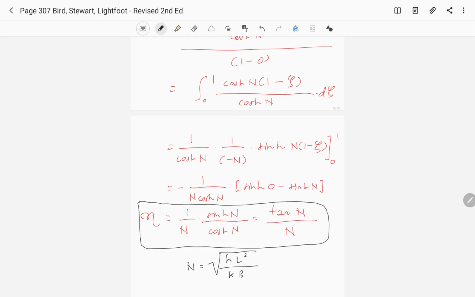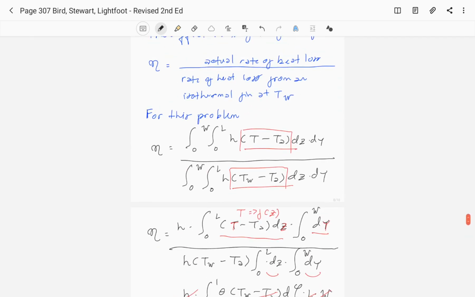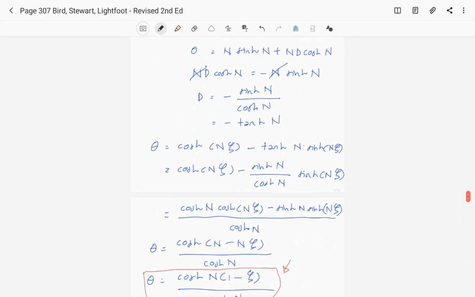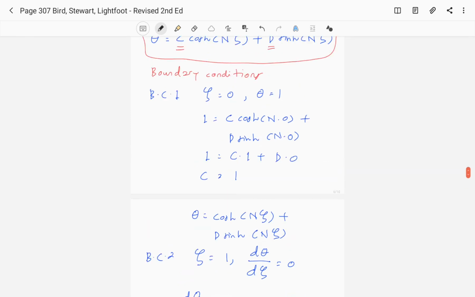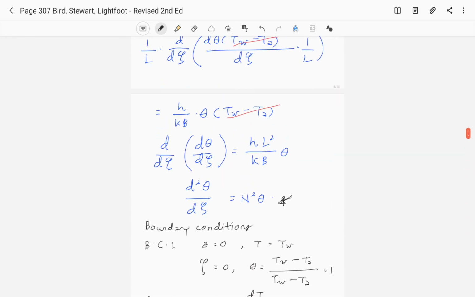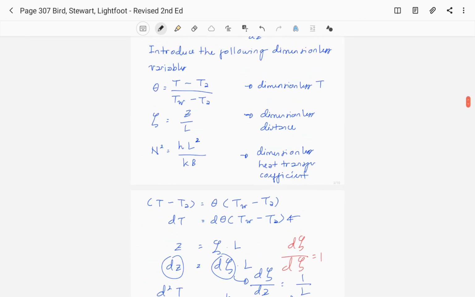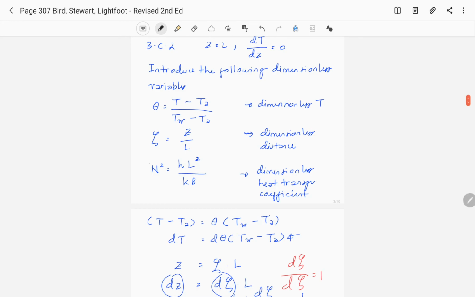Okay. So that is very important. If I go back again on top in here, I want to check whether I have defined my n squared in the correct way. Okay. Yep. So this n squared is this, so n itself is the square root of this, hL squared over kB.